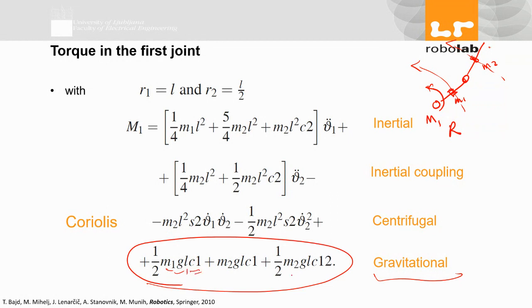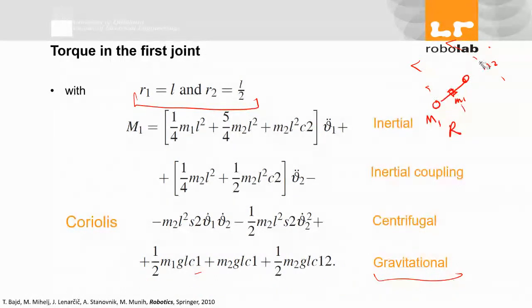So this should be L1 and the other one should be L, just the length of R1, okay, related to R1, and R2 is L over 2. Everything is with these assumptions. We have R1 and R2 related together.